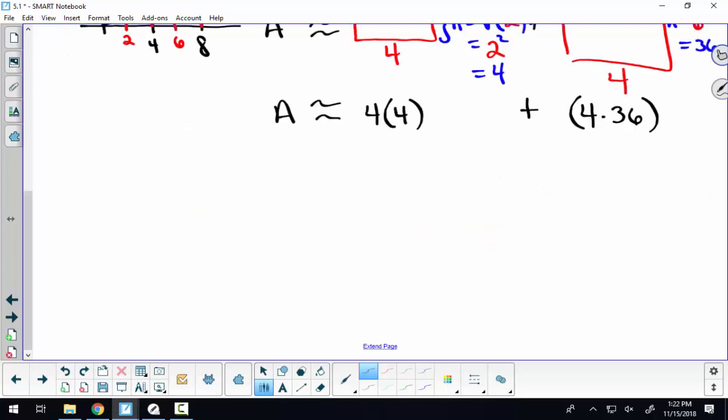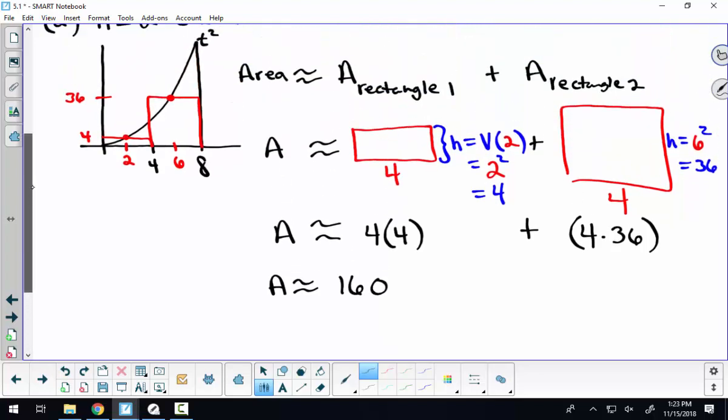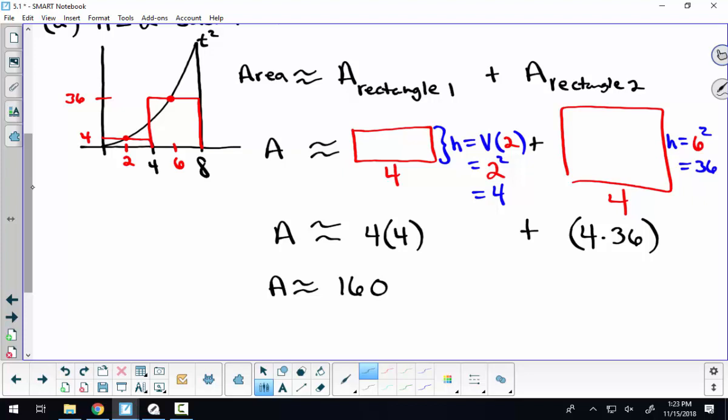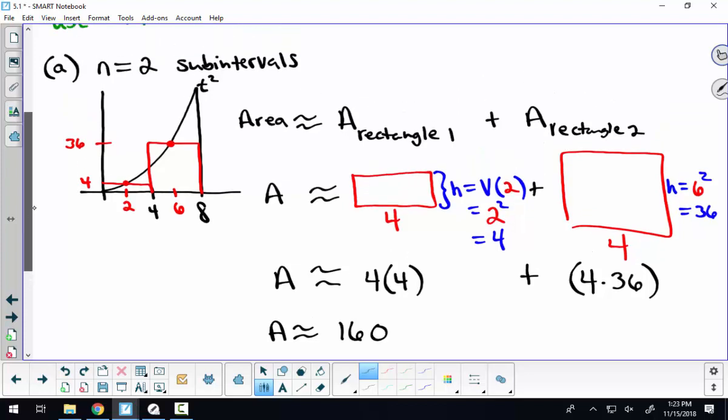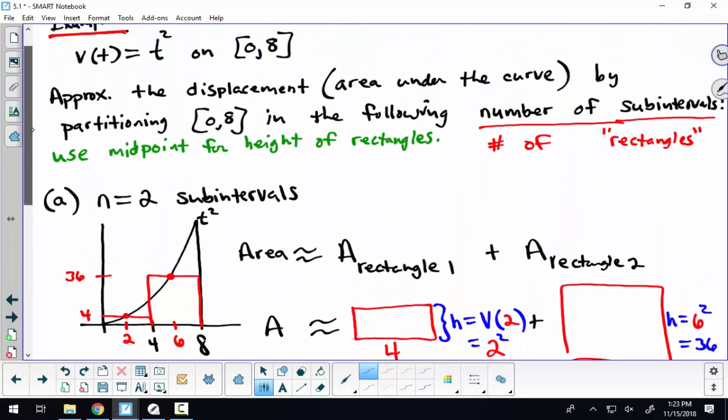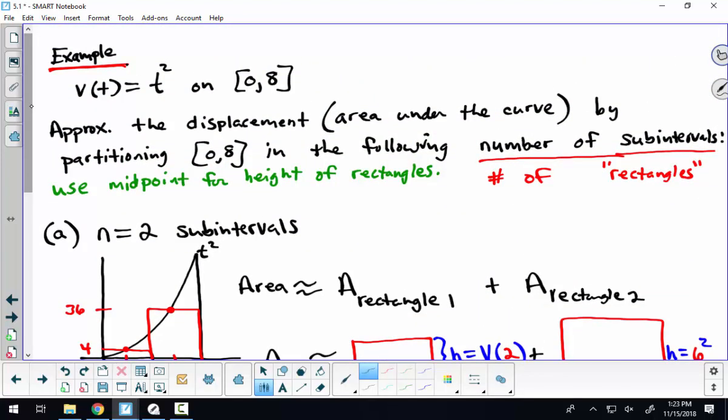So what do we get for the approximate area? Let me note here that the exact area for this particular graph is 170.6 repeating.